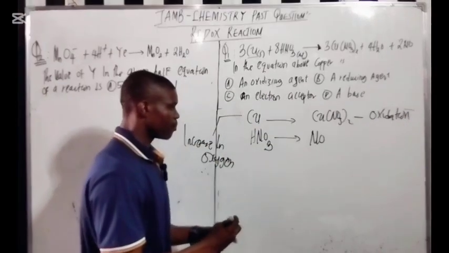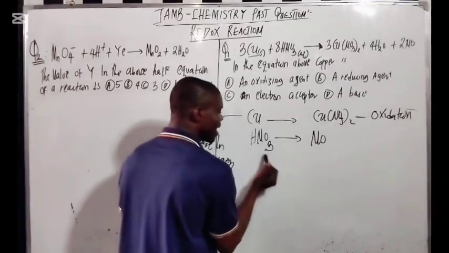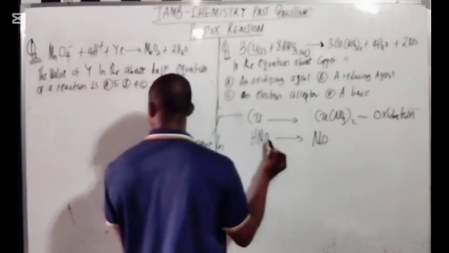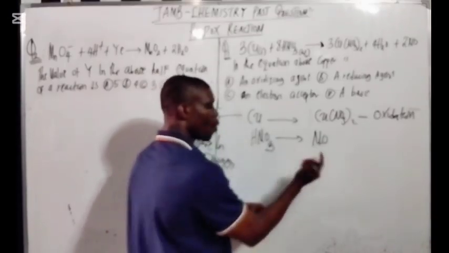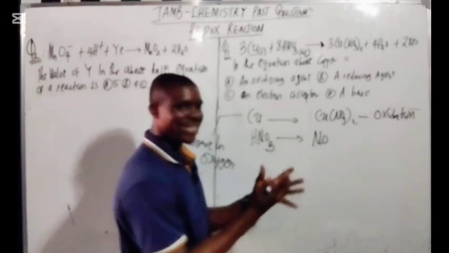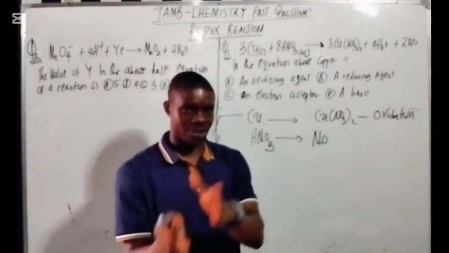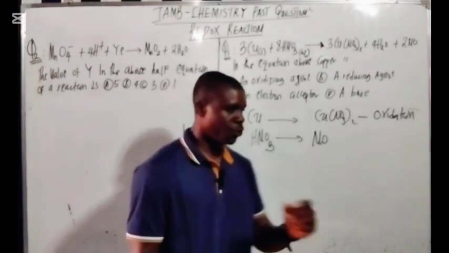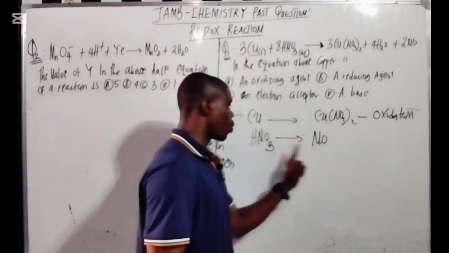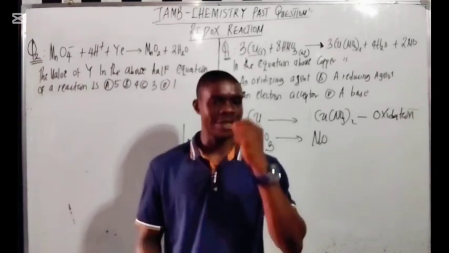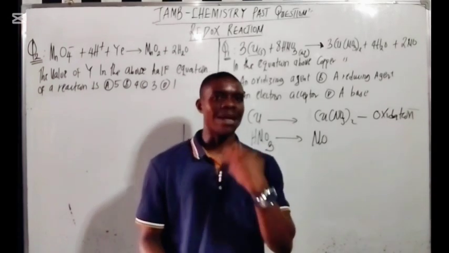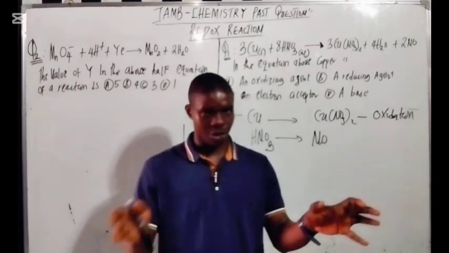Let's look at this one here. Here we have how many oxygen? 3 oxygen, right? How many oxygen do you have here? 1. So is there an increase or a decrease in oxygen? It's very simple. If you move from 3 to 1, there's a loss of oxygen. So is it oxidation or reduction?